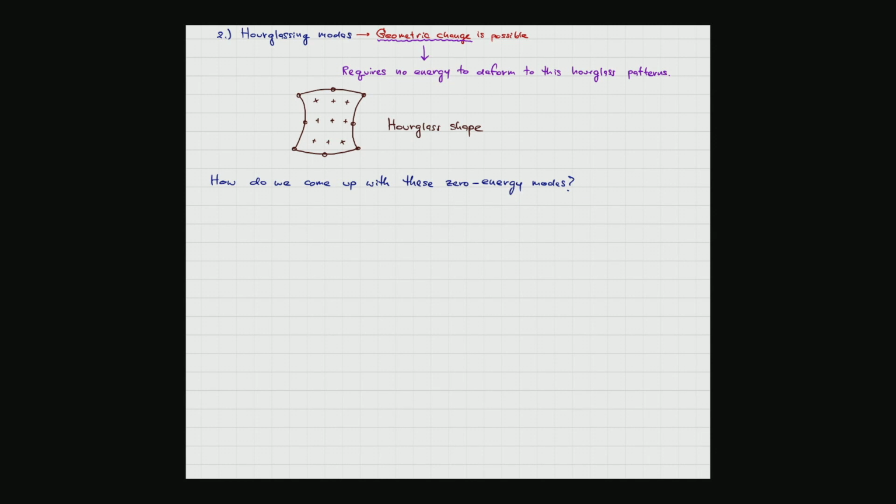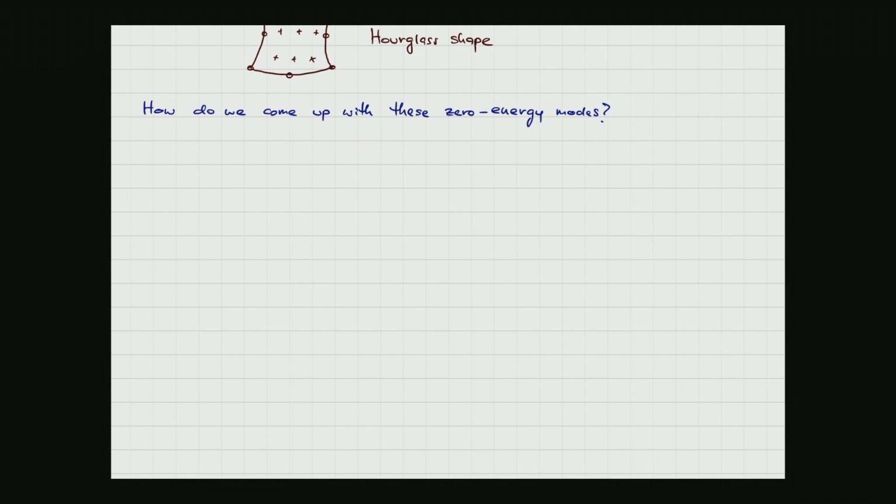Zero energy mode is actually the set of deformation that is coming up, and it does not need any energy, or basically that doesn't contribute to the force, right? So if you have the stiffness matrix of one element, this is just one element only.